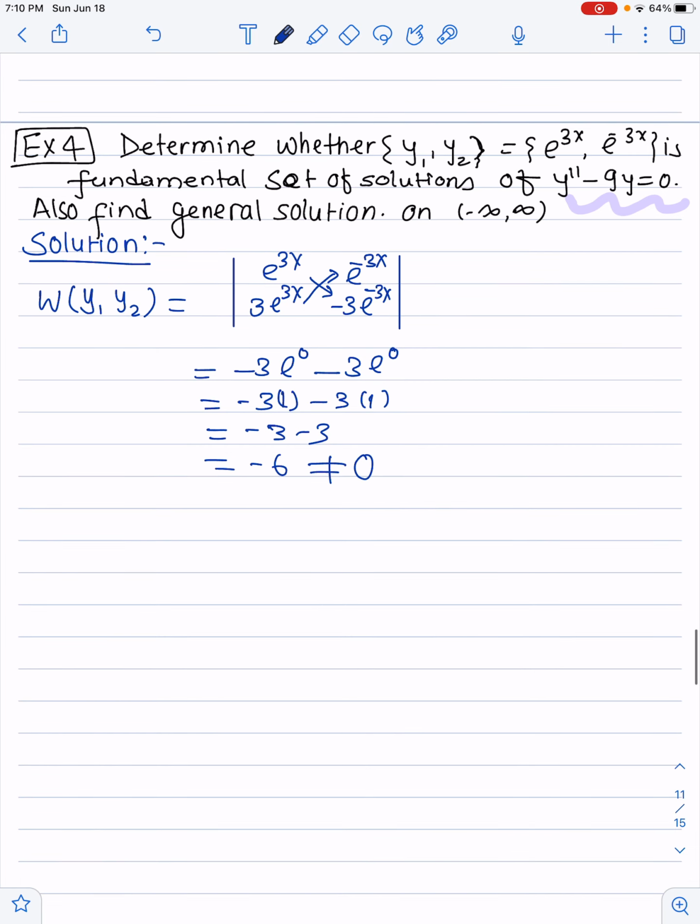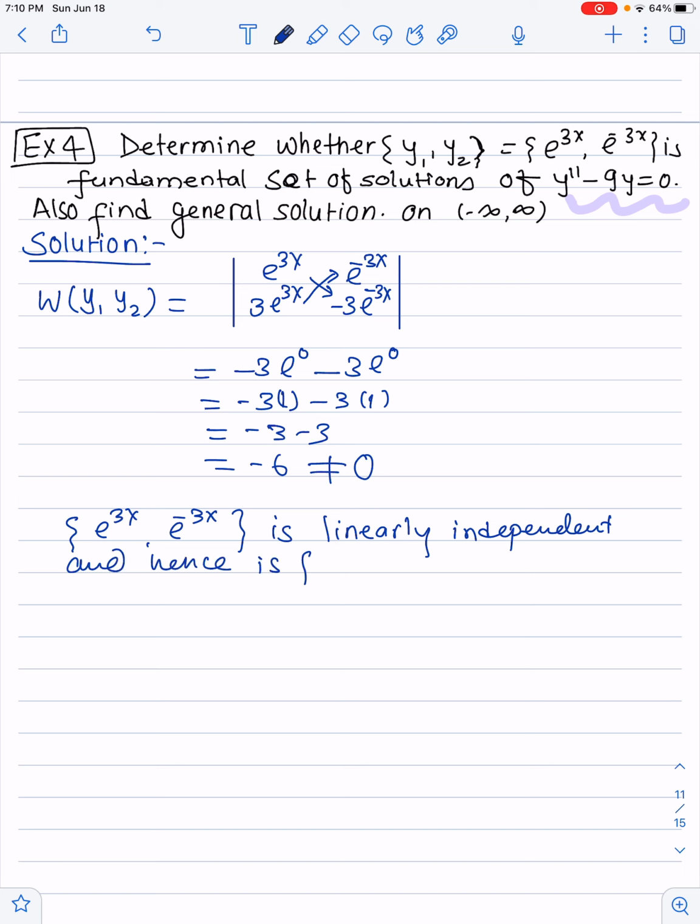That's why e to the 3x and e to the negative 3x are linearly independent, and hence are a fundamental set of solutions of y double prime minus 9y equals 0.